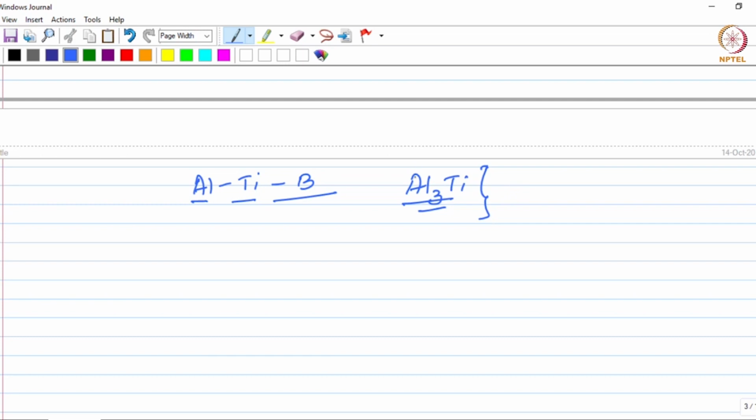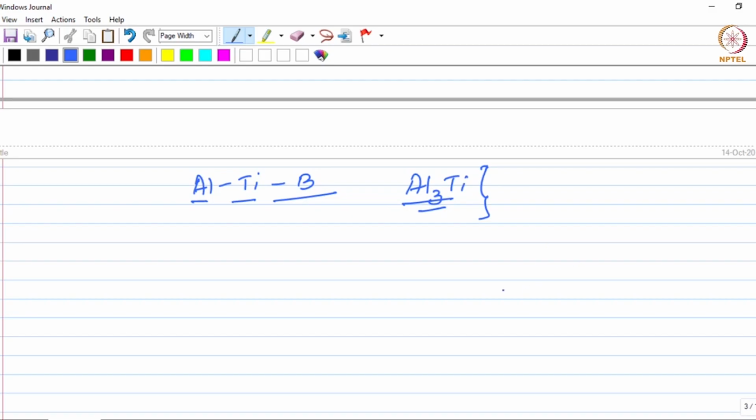Okay. And this is because of the fact that this kind of Al3Ti particles can provide planes which have low disregistry with aluminium, and as a result of that, aluminium can easily nucleate on such surfaces.